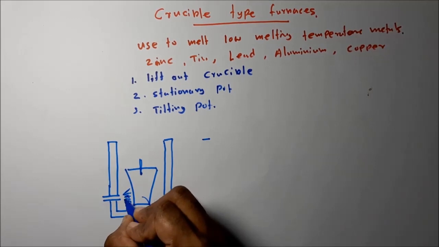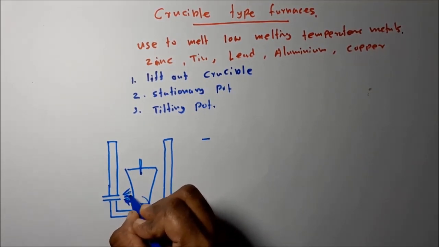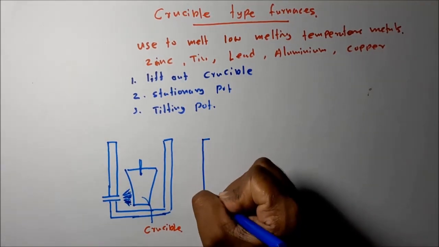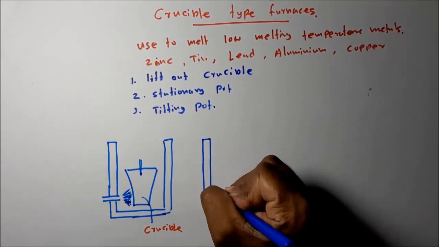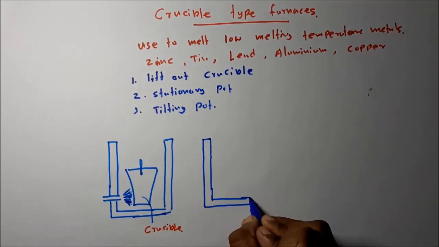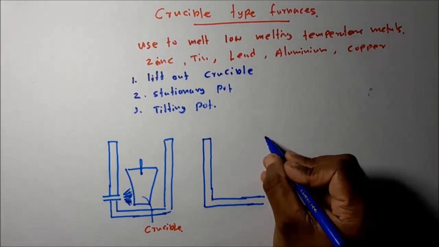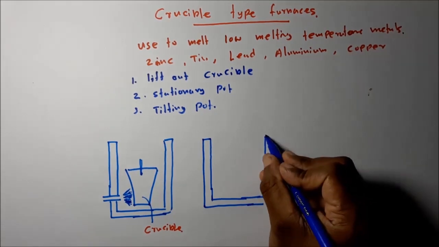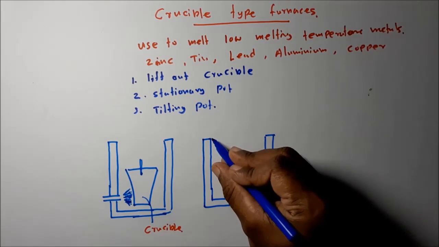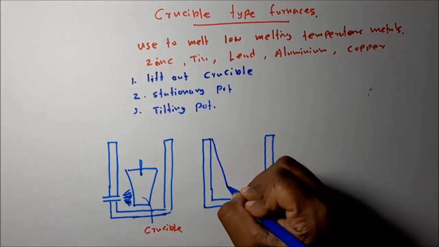This is the furnace flame. This is the flame generated by the combustion of fuel like furnace oil and diesel. Then another type is called the stationary pot type. This crucible is stationary.